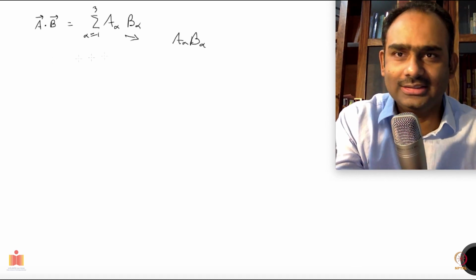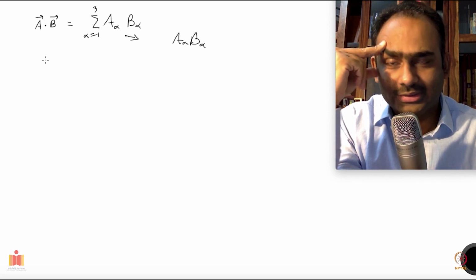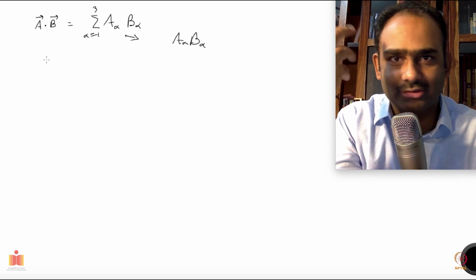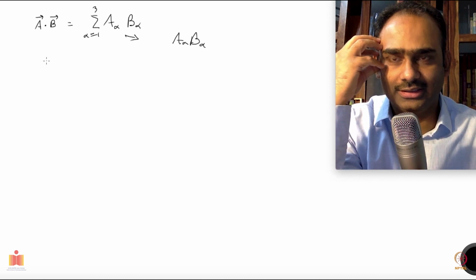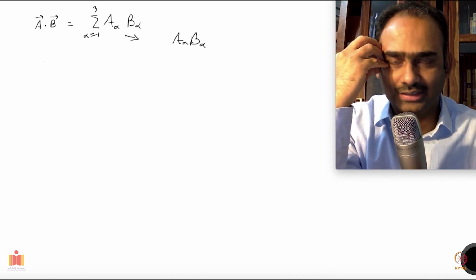Okay, and this is a very powerful thing, which, from what I'm saying, it's not evident why it's so powerful right now. It just looks like a neater way of writing things, but this becomes very powerful when you are dealing with tensors.